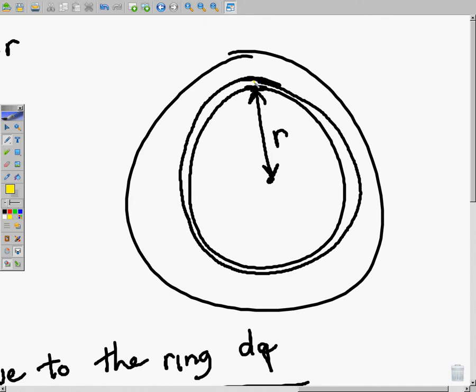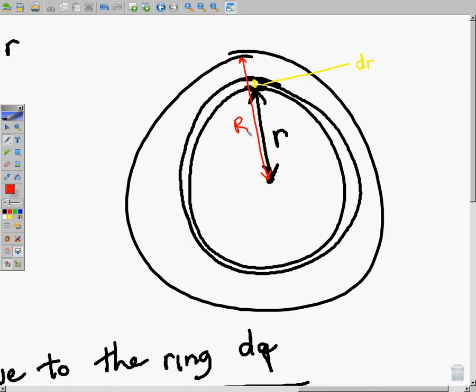This little piece right from there to there, that little increment right there, that's a dr. And of course, from here all the way to the outside right there, what is that? That's the radius of the whole disc.